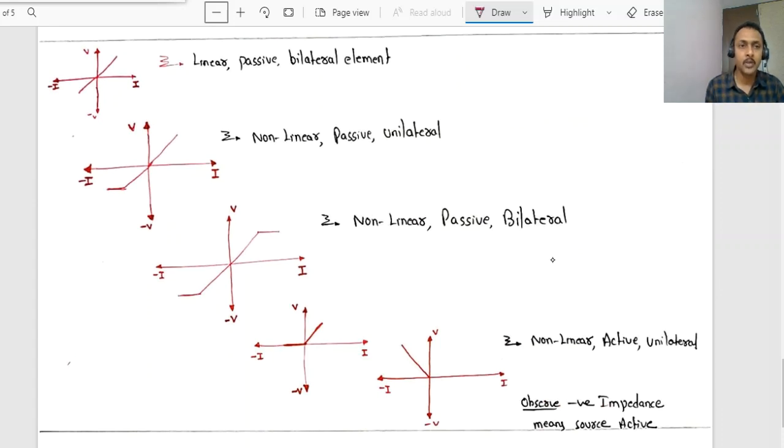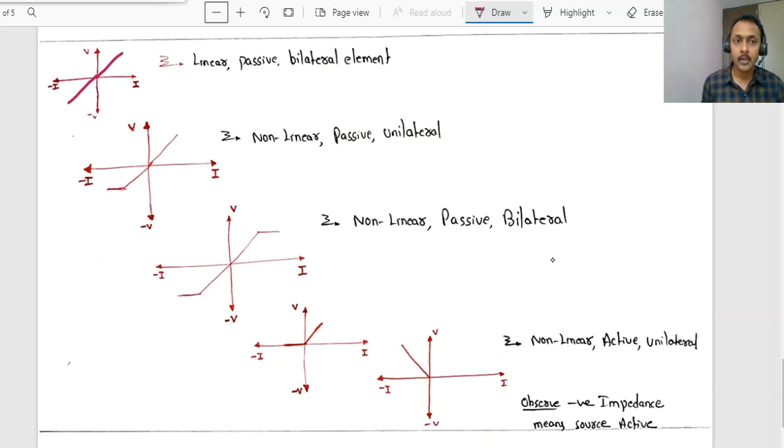Now, of course, this graph is not required, but just have some idea. In this graph, observe, dear students, if you plot the graph between voltage and current, it passes through the origin. In the negative region also, negative voltage and negative current, it shows almost the same characteristics. It is a linear element. It is a passive element, bilateral in both directions.